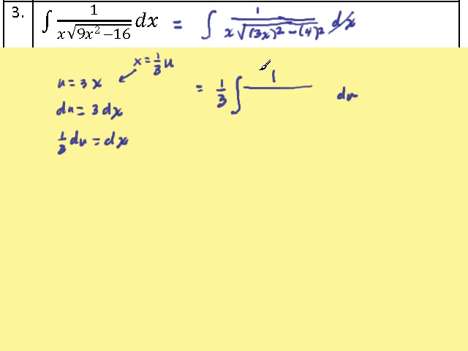So instead of this x, we're going to put 1/3 u. Now underneath the square root, 3x is u. So here we have u squared minus 4 squared.